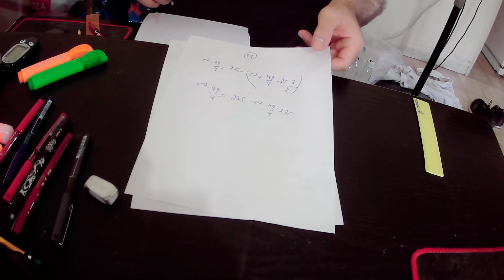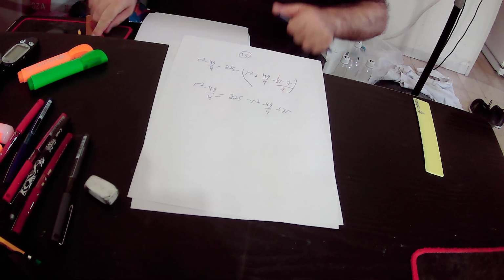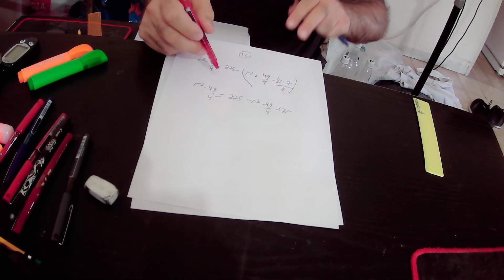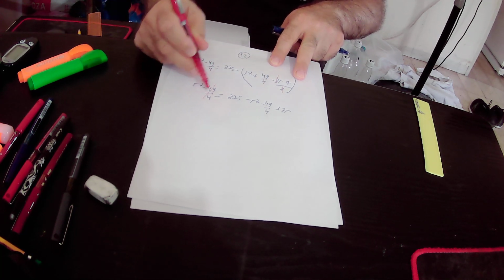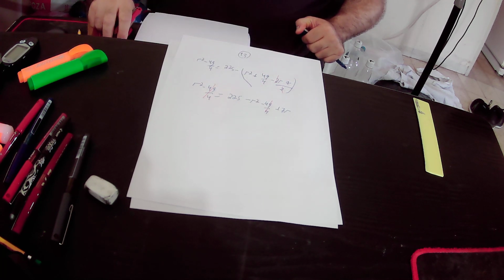So here we have minus 49 over 4 on this side of the equality, and we have minus 49 over 4 on the other side of the equality, so we can cancel minus 49 over 4. And what is left after we cancel minus 49 over 4?